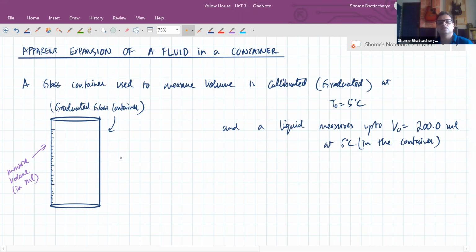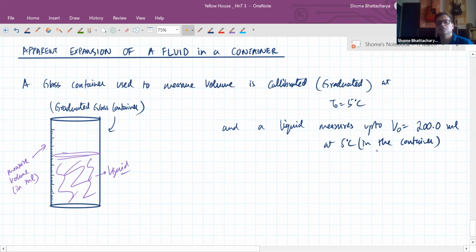So we place some kind of liquid in the container. And at 5 degrees C, the liquid volume reads 200 milliliters.